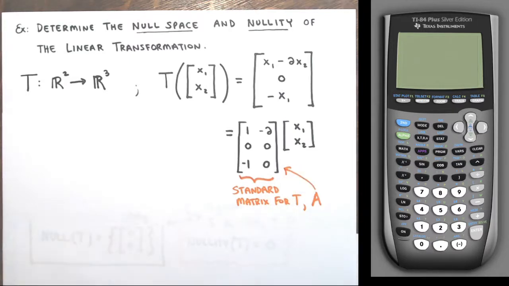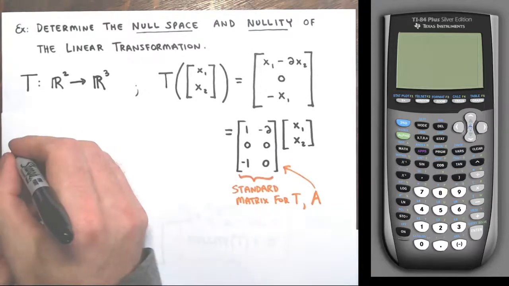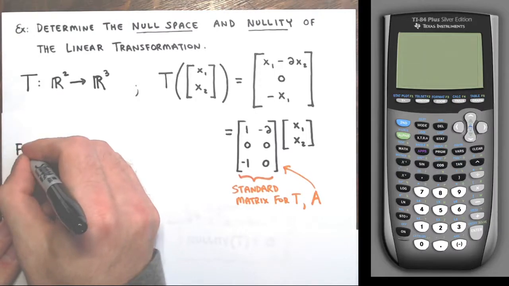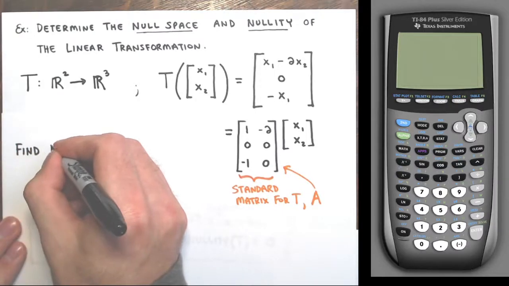All right, 3 by 2. Now let's find the null space and nullity of A, and you'll see that it's exactly the same in this case when you're between Euclidean spaces. It's exactly the same as finding the null space and nullity of the transformation.